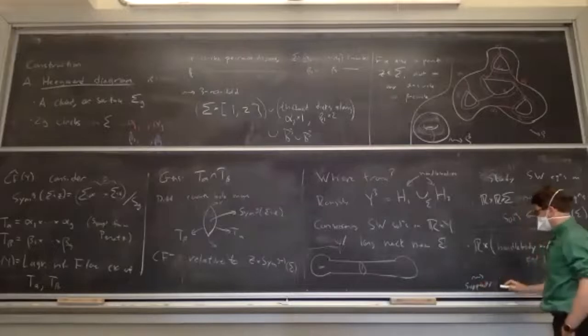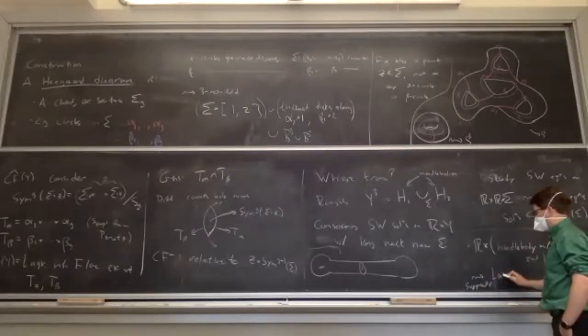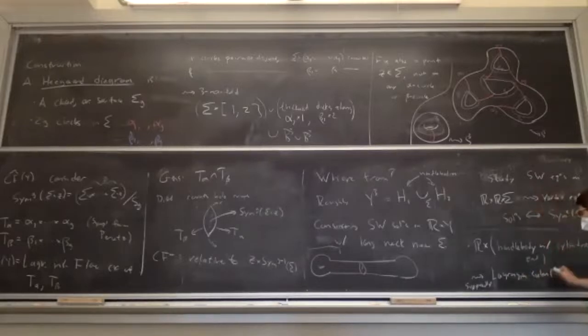And this gives you a Lagrangian submanifold of this. So the solutions on R cross sigma that extend over this handlebody form some Lagrangian submanifold.